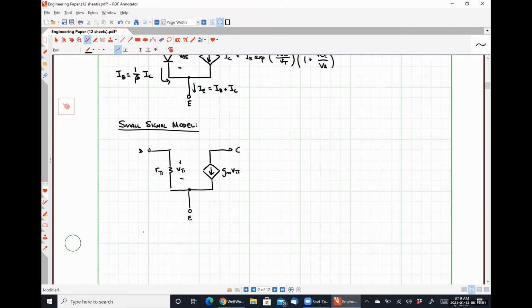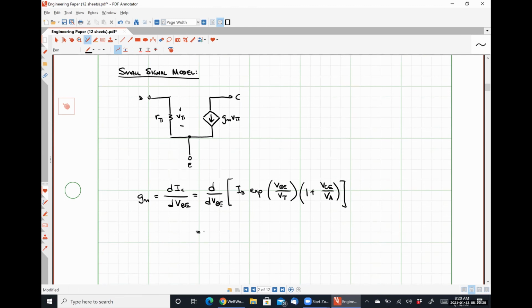So if we look at our transconductance, GM is defined to be the change in the collector current due to a change in the base emitter voltage. So we substitute in our new expression for IC, we get IS EXP VBE over VT times 1 plus VCE over our early voltage VA.